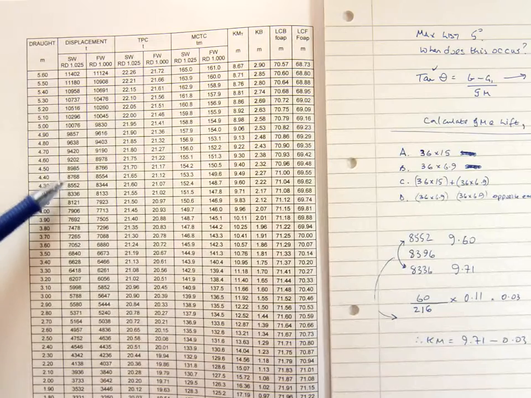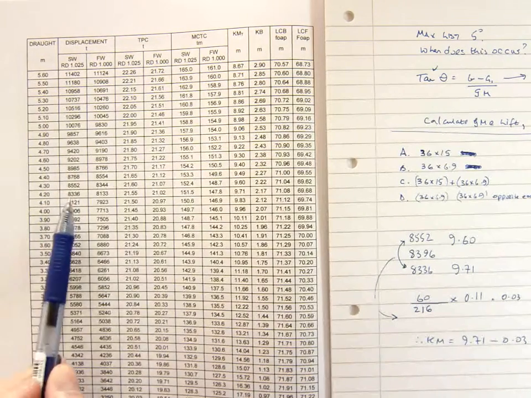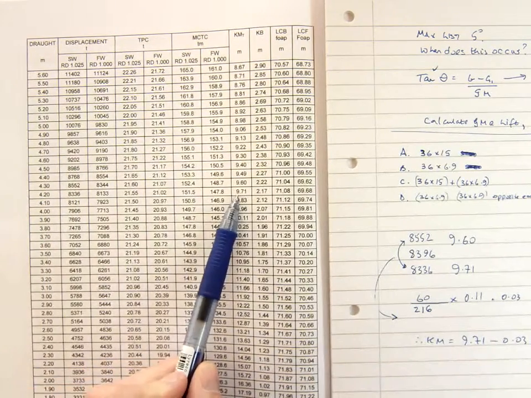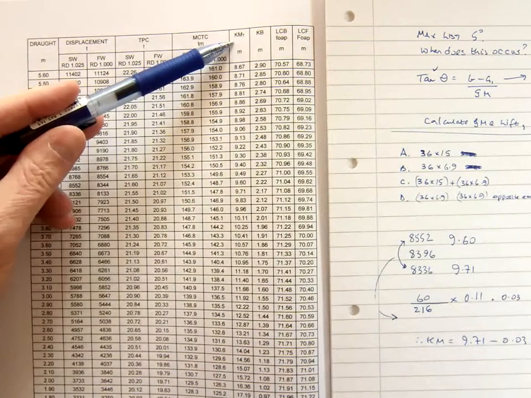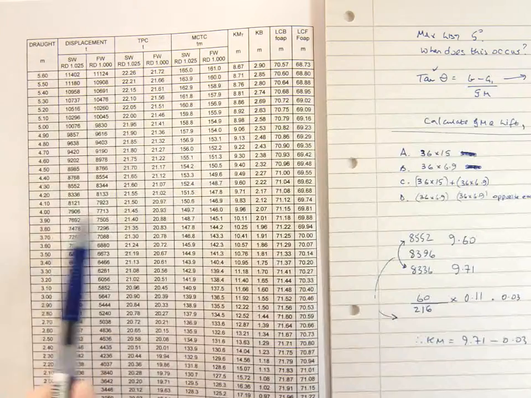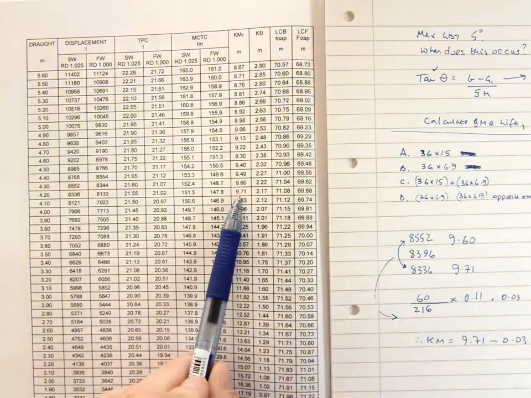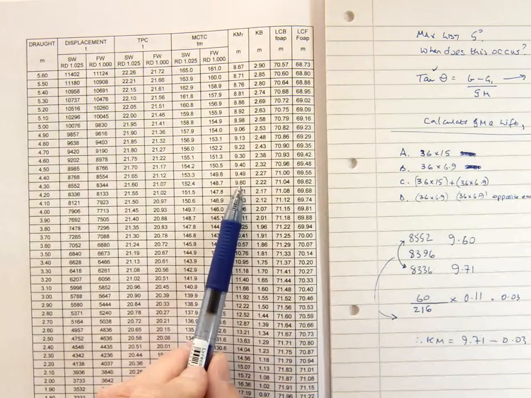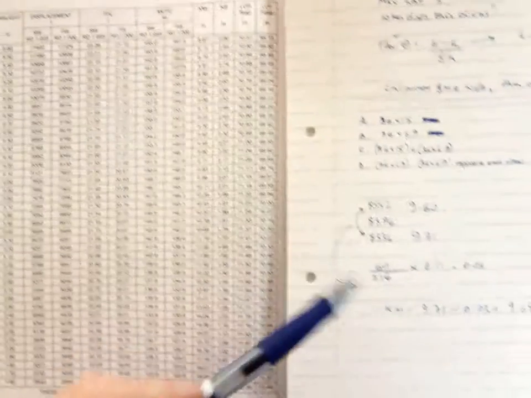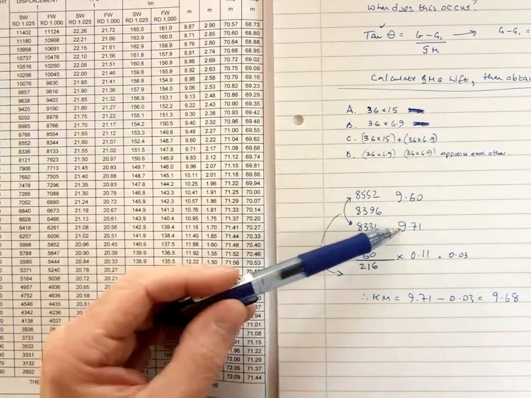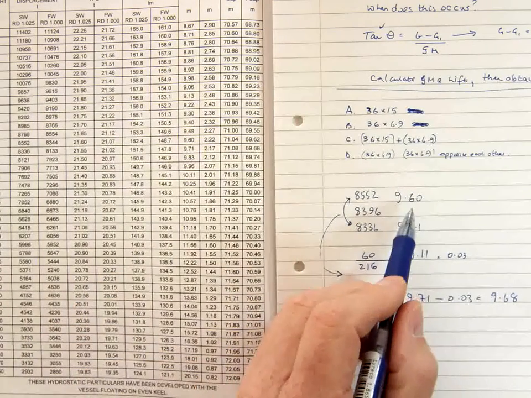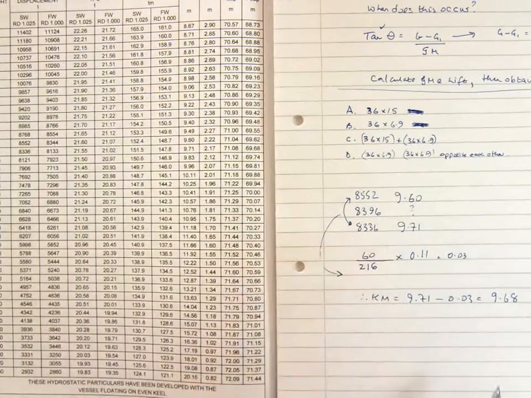So 8336, 8552, we go across and we read off the two KM values. So we can see there the KM transverse, go down, and we can see the values of 9.71 and 9.60. So I've written them here, 8336, 8552, 9.71, 9.60, and that's the value we're trying to find.